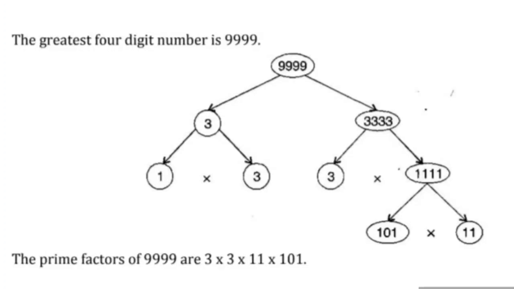Now this 3333 can be broken up into 3 into 1111. Now this 1111 can be broken up into 101 into 11. Now you can see all the numbers are prime numbers. So the factors are 3 into 3 into 11 into 101.